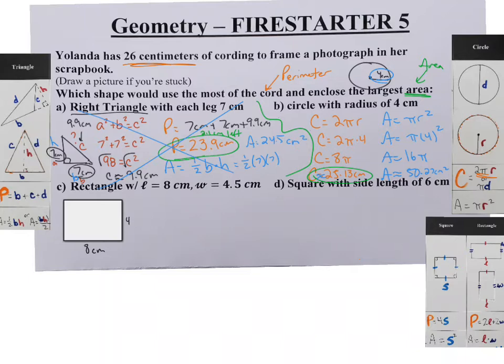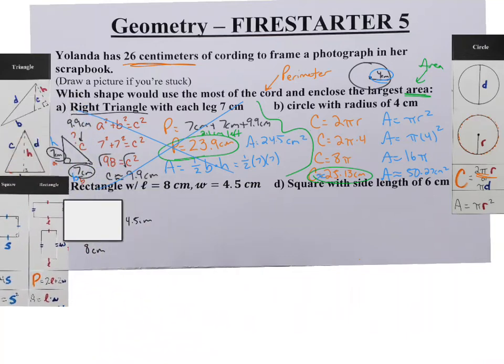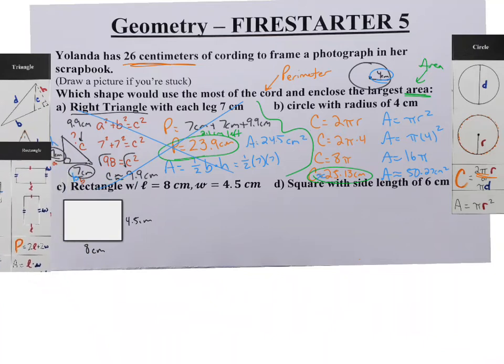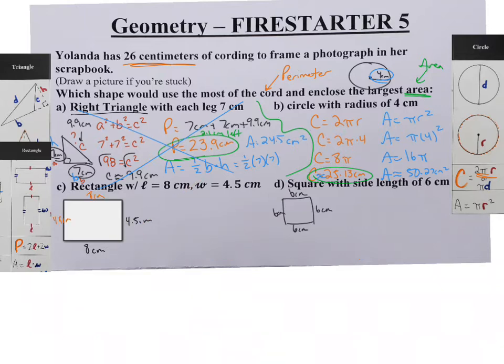My width is 4.5 centimeters. So perimeter is easy. With this, you could do 2 times the length plus 2 times the width, or you could just copy and paste them over, 4.5 centimeters, 8 centimeters, and add everything together.